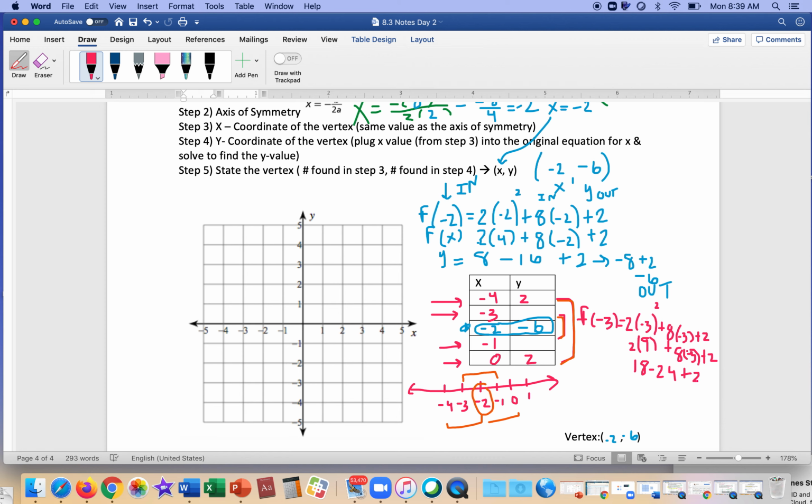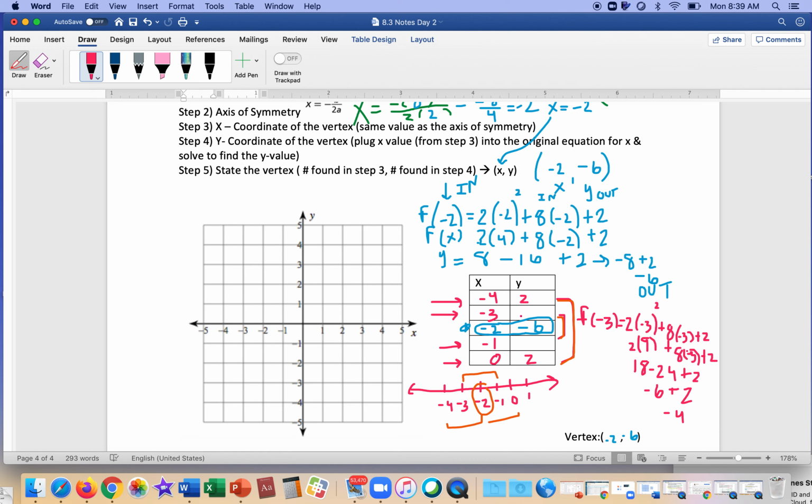And then when we do 18 minus 24, we get negative 6. And negative 6 plus 2, we're going to get negative 4. We get negative 4.